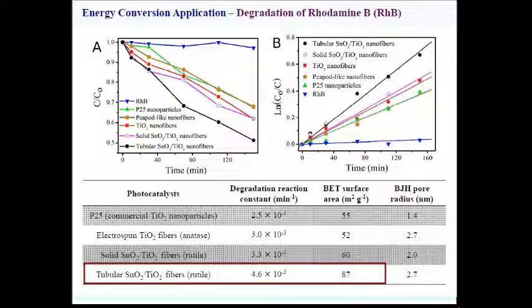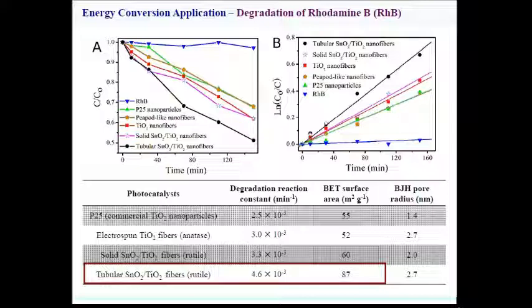And it turns out the increase in reaction rate constant is due to the fact that we have higher surface areas relative to some of the fibers or the nanoparticles. So the increase in, for instance, the porosity of our structures means there are more active sites, more active area for the photodegradation process to take place. So that's one of the advantages of being able to tune that morphology.